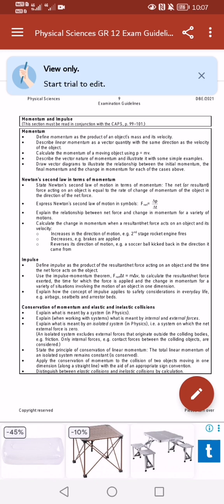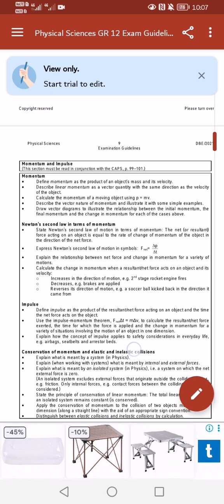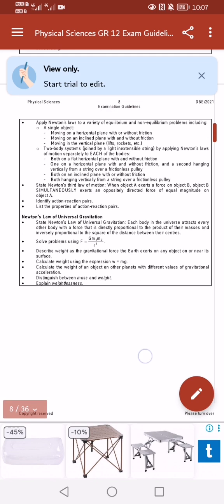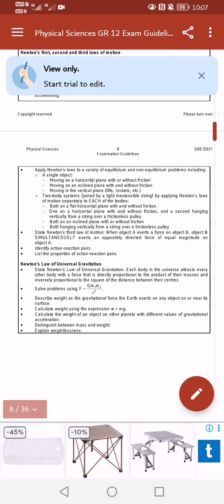Here, Newton's law of universal gravitation says each body in the universe attracts every other body with a force that is directly proportional to the product of their masses and inversely proportional to the square of the distance between their centers.